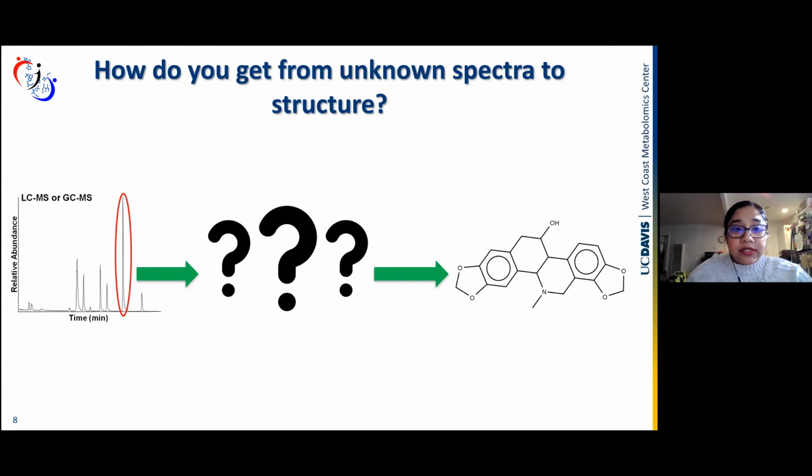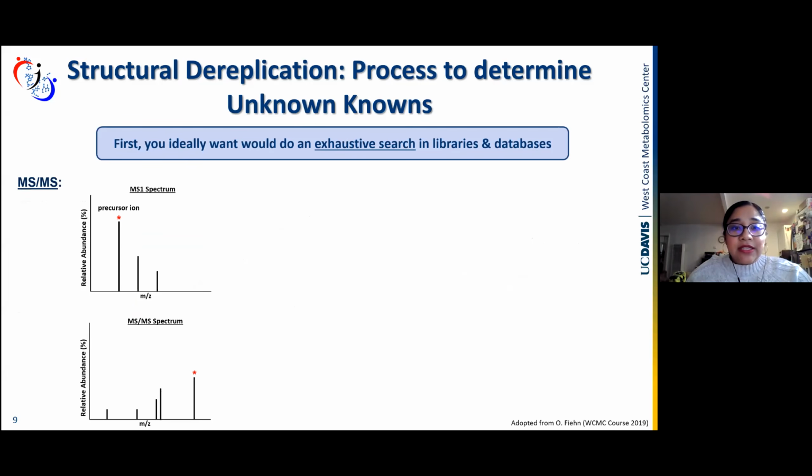Some of those approaches I'll cover in the next two slides, but the main idea is using structural dereplication, and that's the process to determine unknown knowns, like I discussed a slide ago. So really, you want to do a very exhaustive search in libraries and databases.